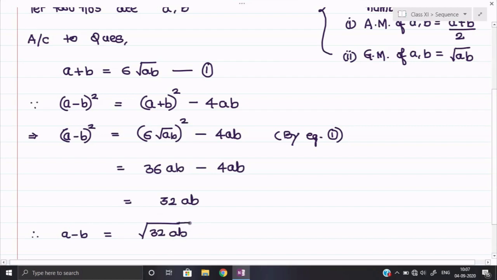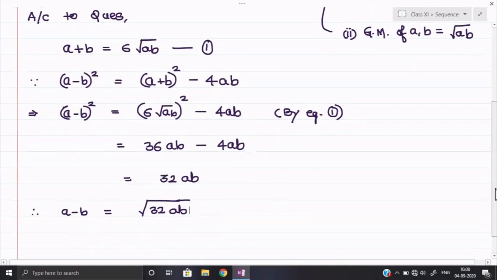Here I am taking the positive square root. Actually a plus and minus sign is applicable here, because if x square is equal to y square, then x is always plus minus y. But here I am taking the positive square root because the ratio given is completely positive. Since there is no negative sign in the ratio, we are taking it as a positive value.